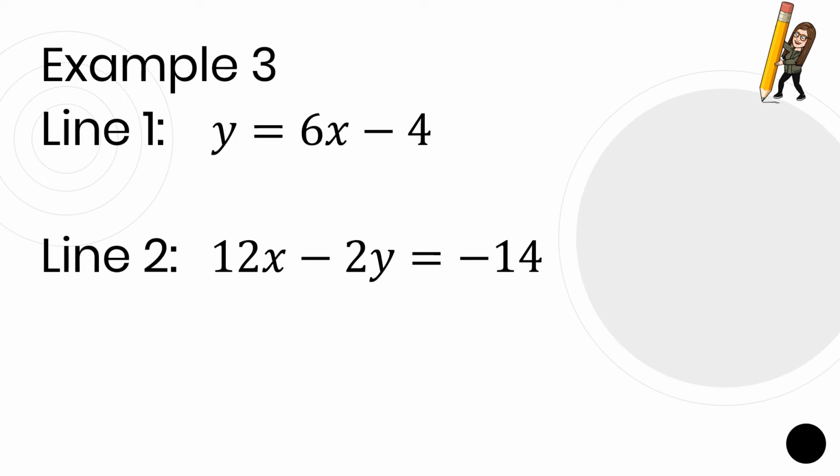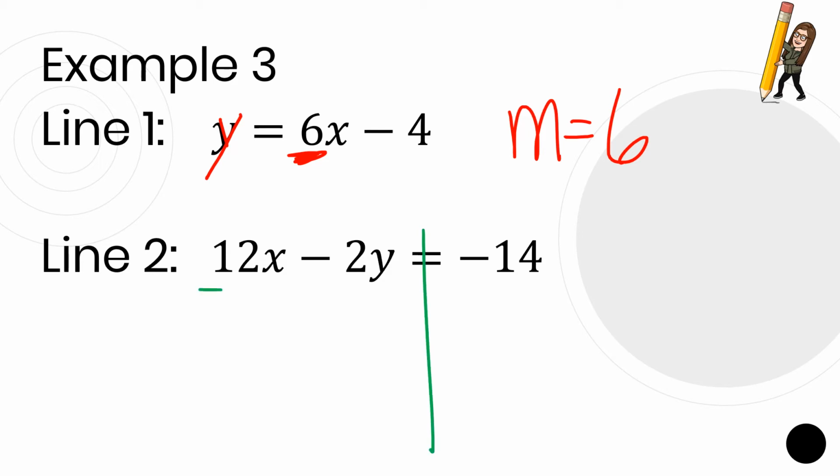Let's find the slope of an equation. The first line, y is isolated, so I know that my m value is the number in front of x. If you need help with that topic, you want to see a previous video. The second line, I have work to do. I need to isolate y in order to determine what my slope is.